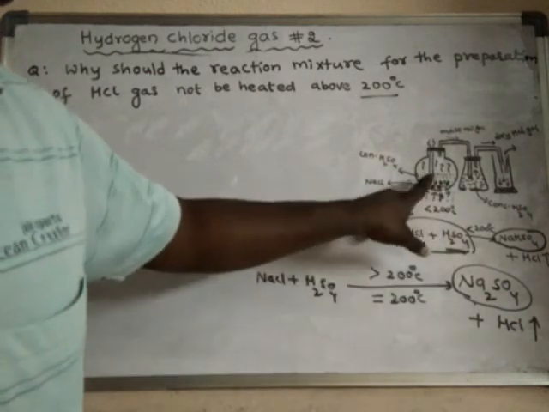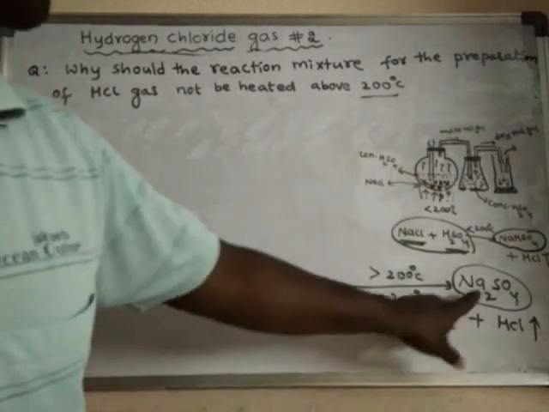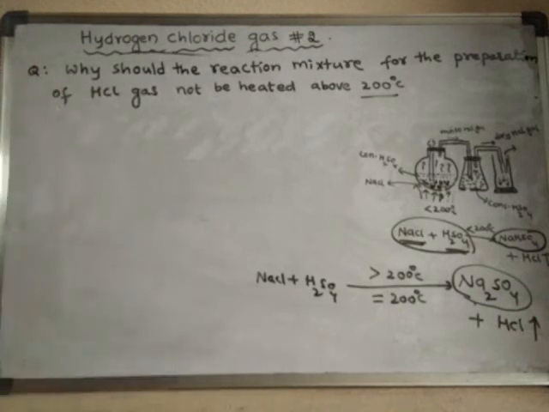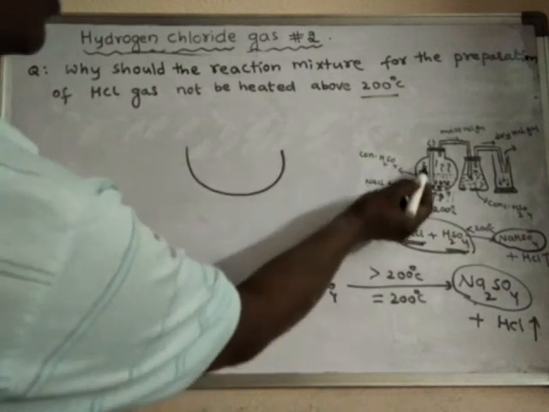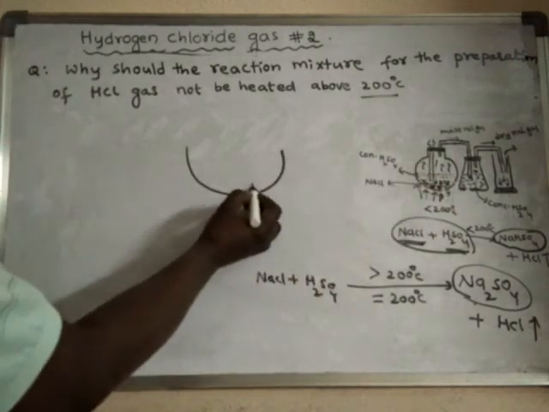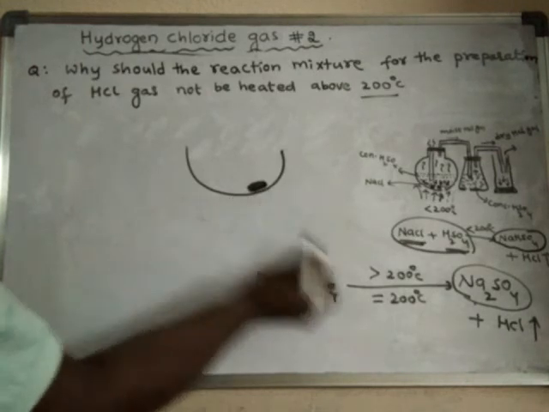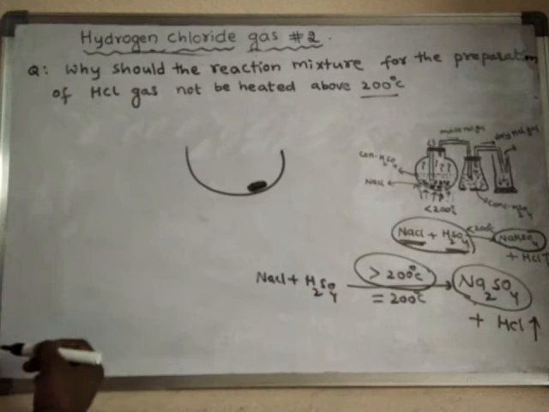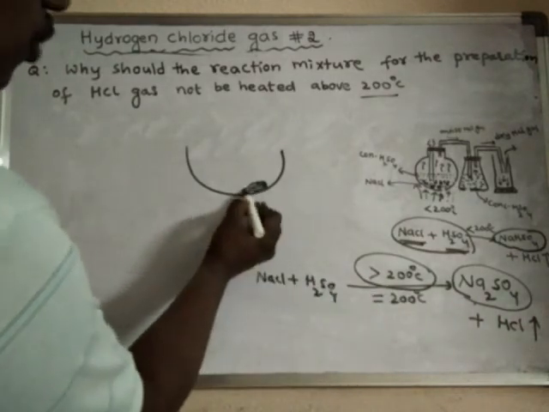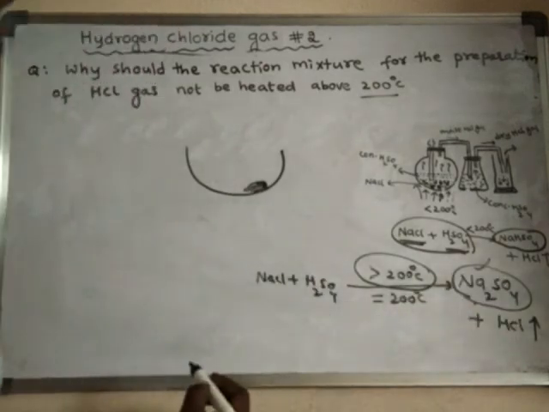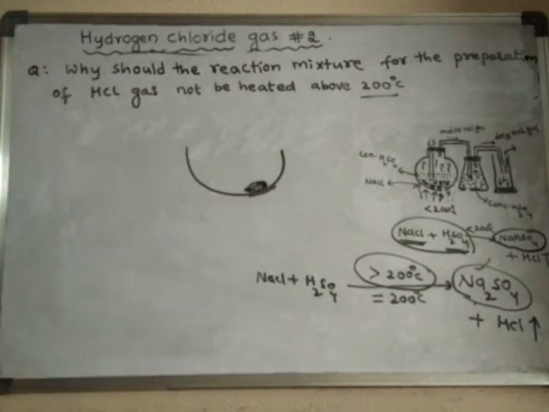What will happen if sodium sulfate is formed in this reaction? There is a problem. What is that problem? Remember, this is the apparatus. When it is heated to a very high temperature above 200 degrees centigrade and sodium sulfate is formed, it will try to fuse into the glass.